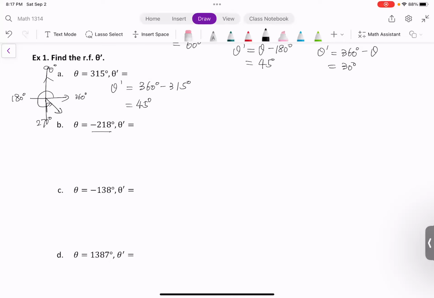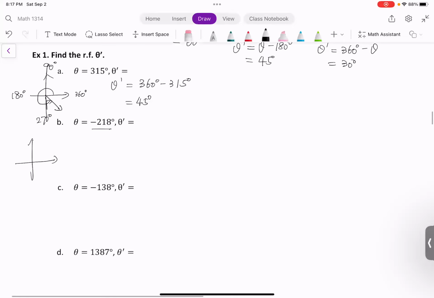So we do not like to have a negative angle. Even though I know that I can rotate clockwise from here all the way here, so from here to here is negative 180, and continue to rotate, I get the terminal side here, but we do not like to solve with a negative angle.